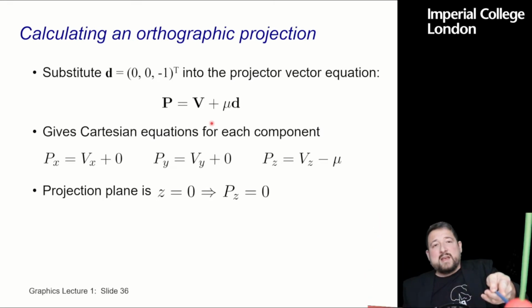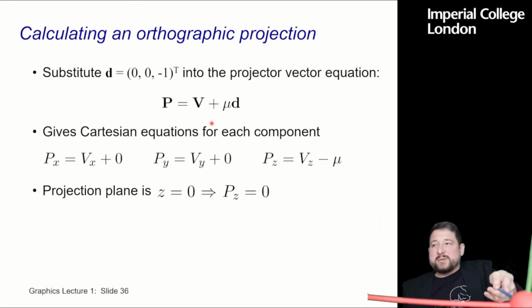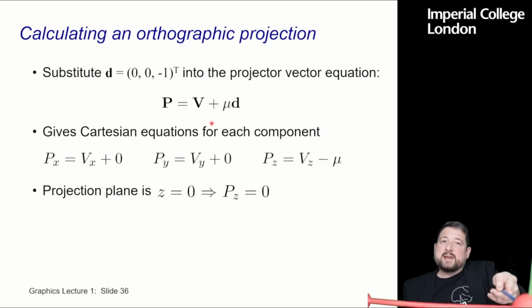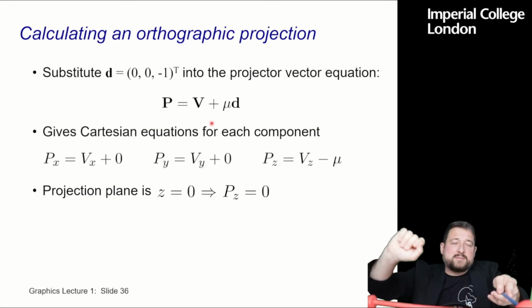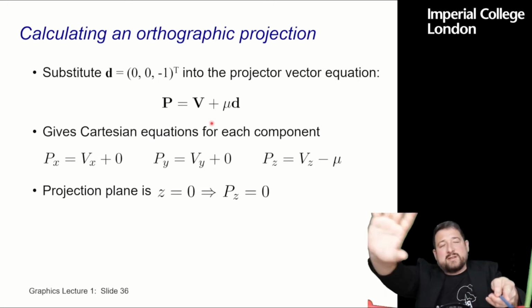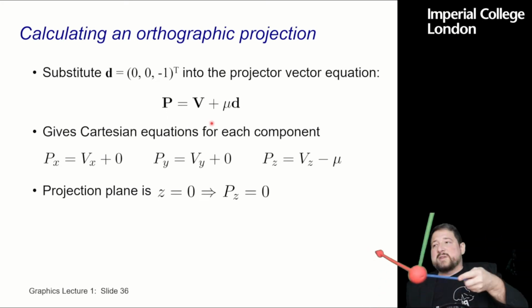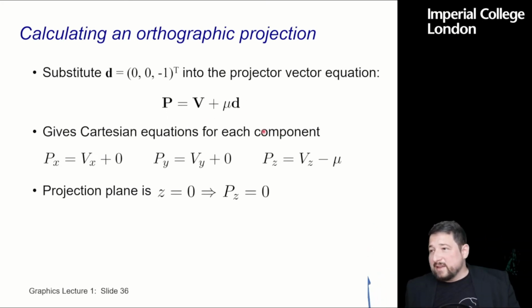So now the only thing we need to do is to set pz to 0, because we know that all of our points on the projected plane live on that 0 plane. So we don't even need to calculate anything. Well, you can work it out here and substitute back and forth and so on.